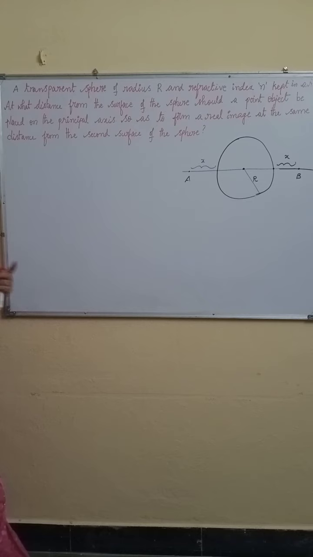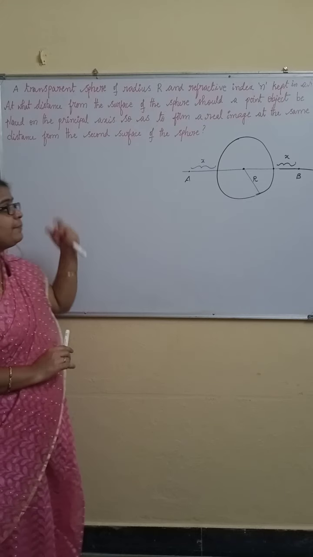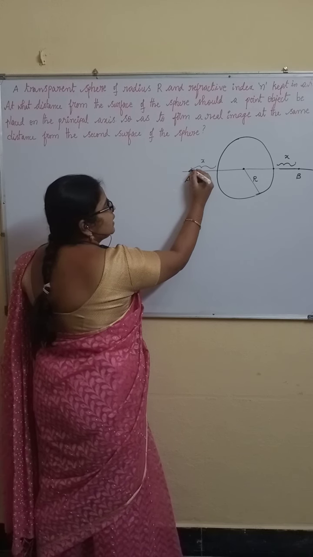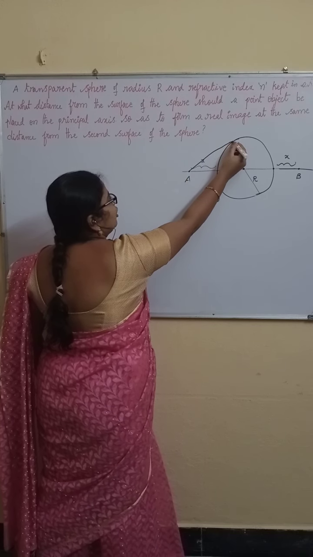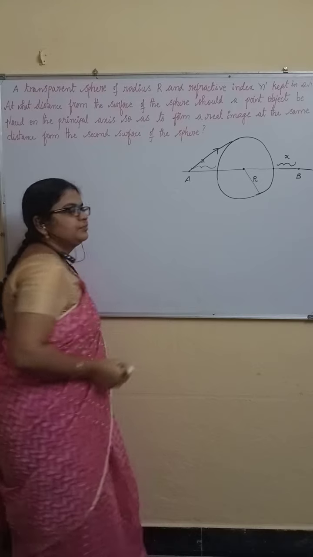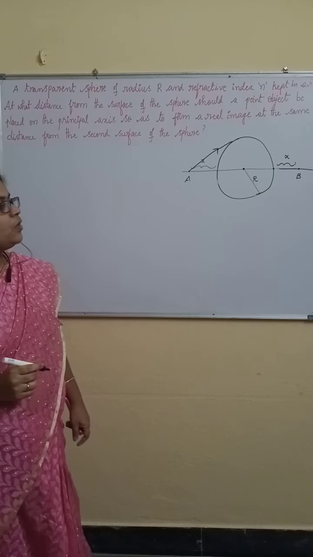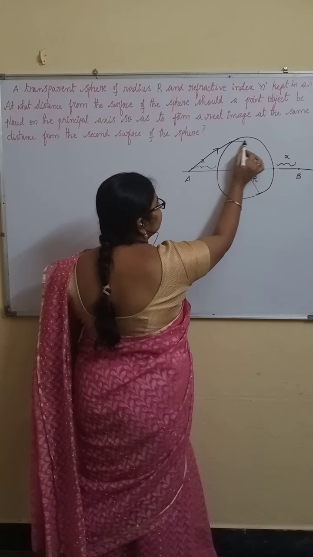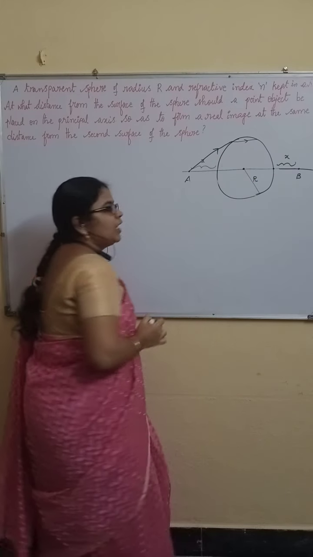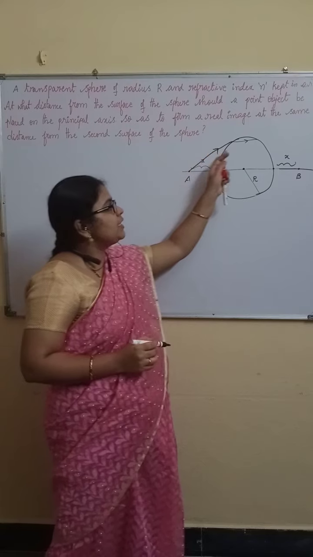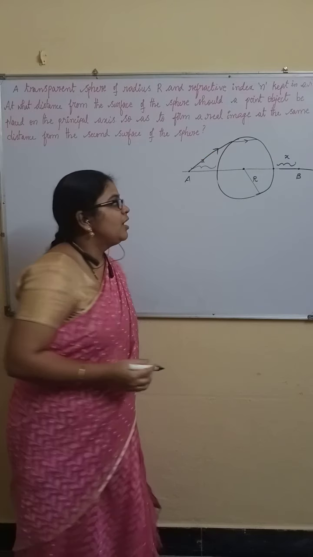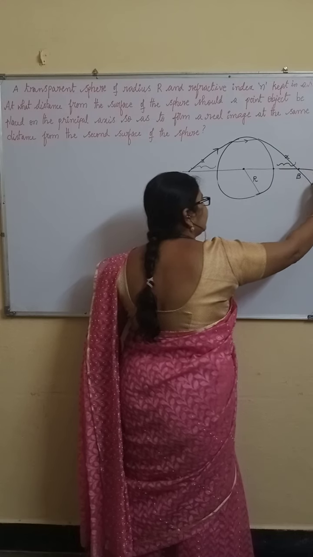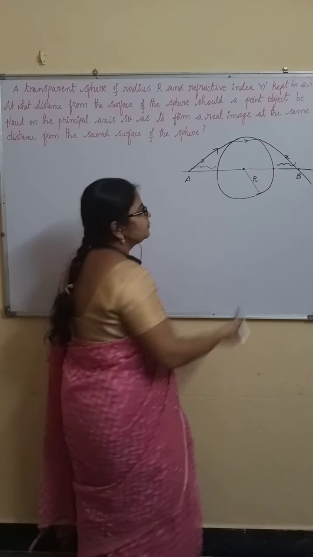That is what they are asking. Now here, very important, one light ray is coming from the object. This is the light ray. Definitely it should pass like this, and again, after striking the second surface, the refracted ray will be like this, right?